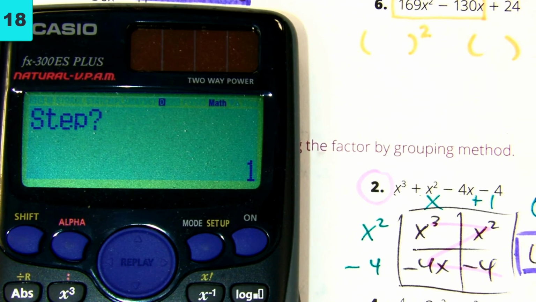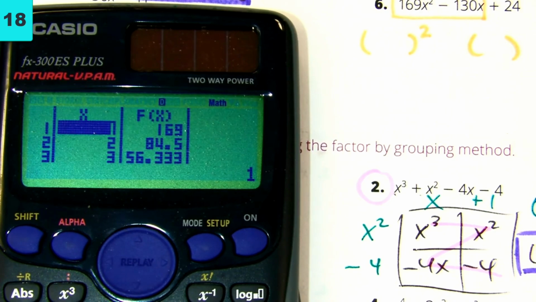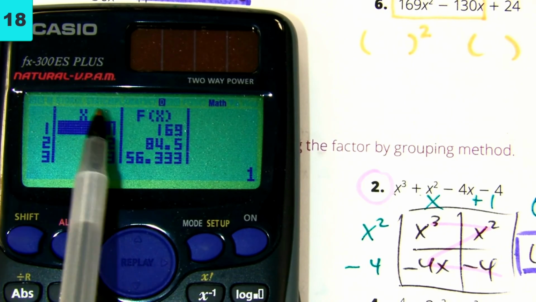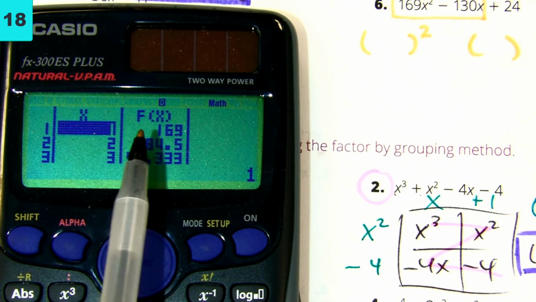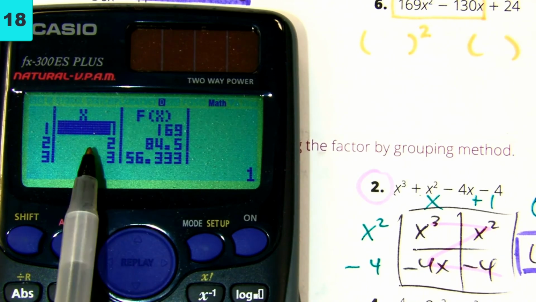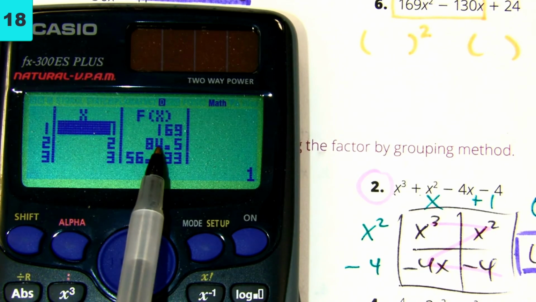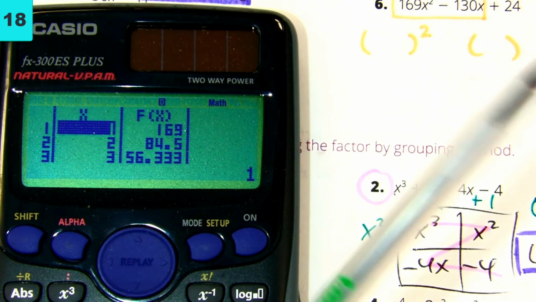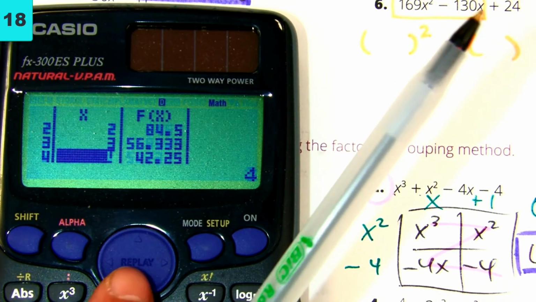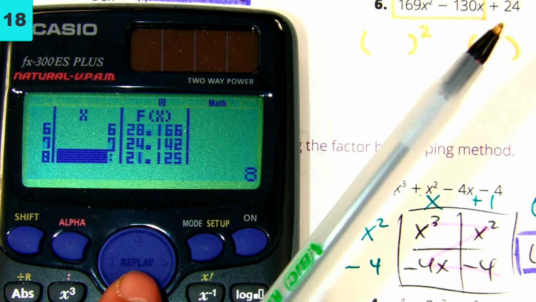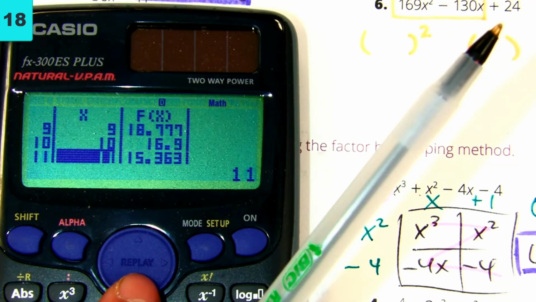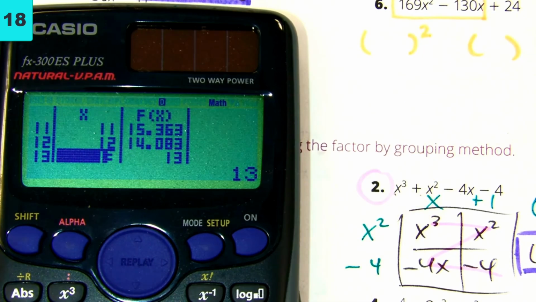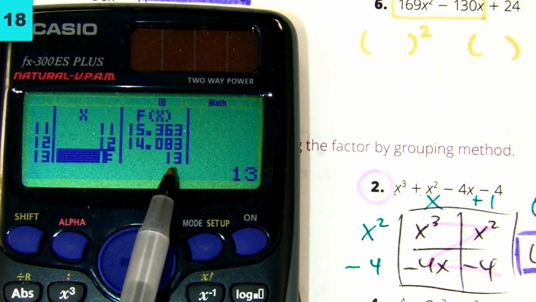And the steps are just how it's moving. So essentially what it's doing is it's taking 169 and dividing by 1, the answer is 169. 169 divided by 2. Class, is that a factor? No, because there's a remainder. Now if I keep going, there it is. 13 times 13 is one of the factors.